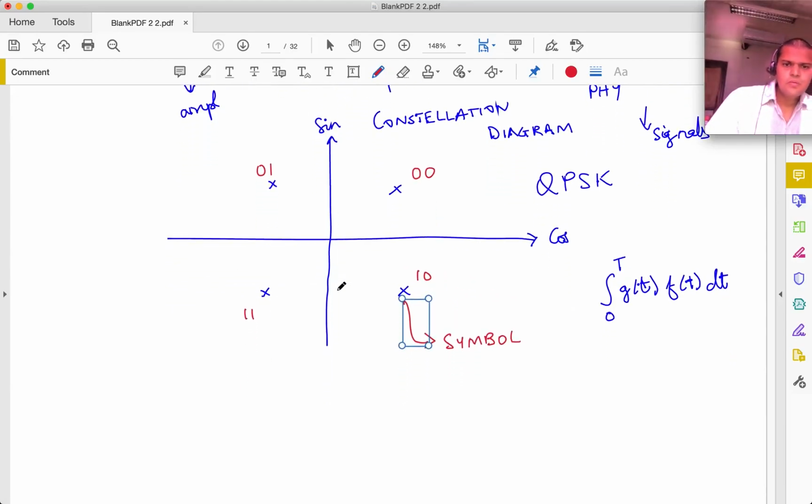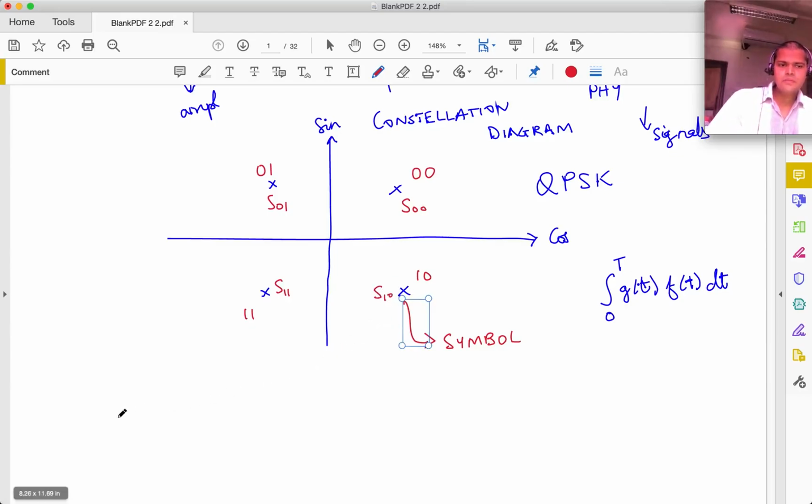Okay, but this is a good one, and we discussed why in the last class. So what we do is, as we get bits 2 by 2, we send out appropriate signals one after the other. So I'll just call this symbol 0 0, symbol 0 1, symbol 1 1, and symbol 1 0.